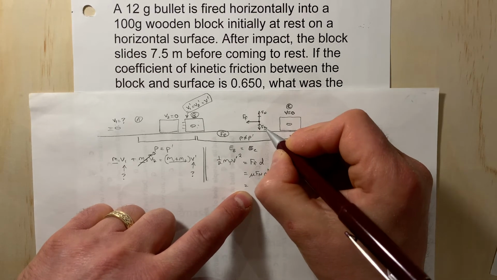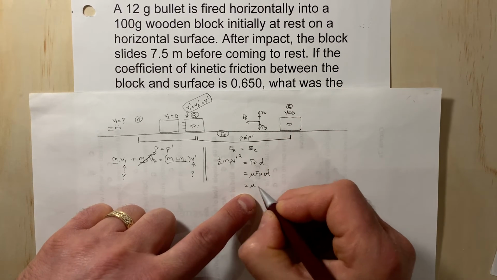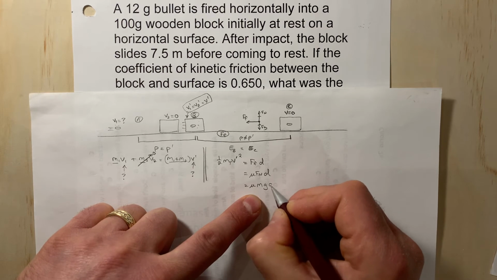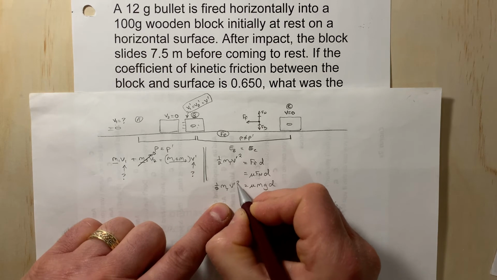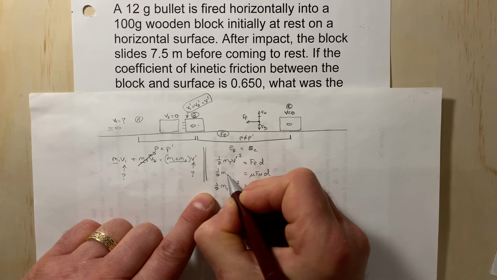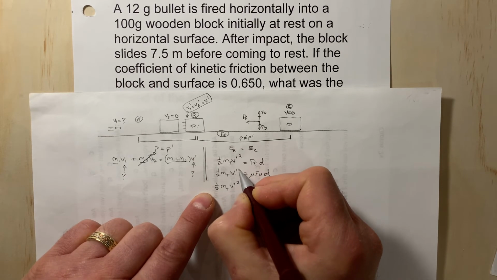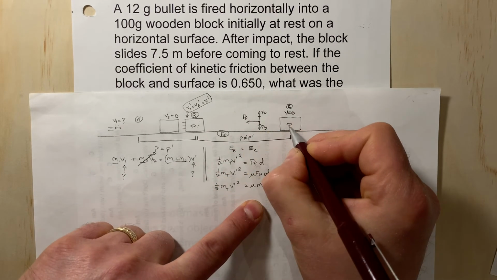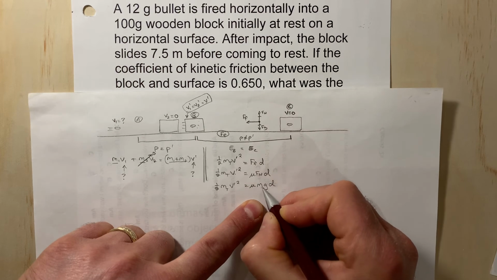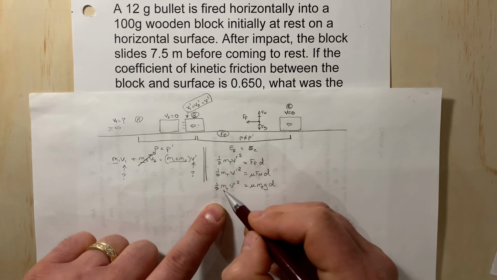Fn, though, is equal to Fg, which is equal to mg. What we've got is mu mgd and 1/2 v prime squared. Let's squeeze all that in here. This mass, as the bullet and the block slide along here, remember this mass is total mass.